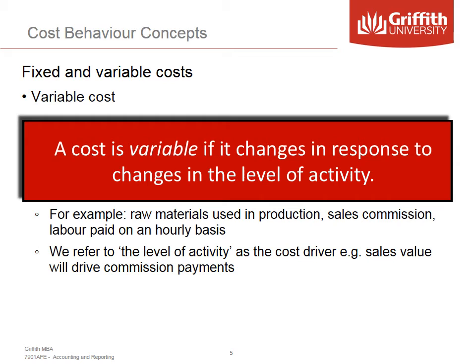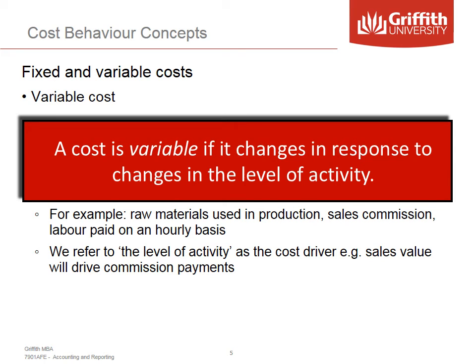The contrast here is with variable costs. So variable cost definition: a cost is variable if it changes in response to changes in the level of activity. So considering the same levels of activity that we mentioned when we were talking about fixed costs, we were talking about production output or level of sales. And the examples here are about a variable cost.